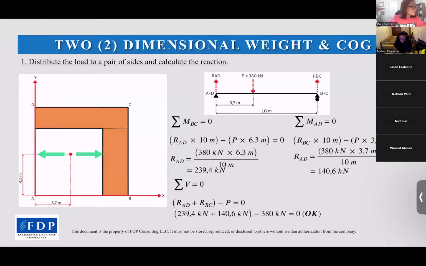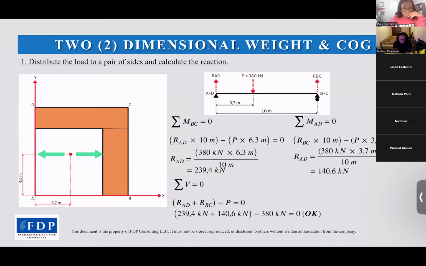And then we combine all the weight and the COG of each part, and once we get the COG during the lifting, then we can use this methodology to get the outrigger forces of each support like that.